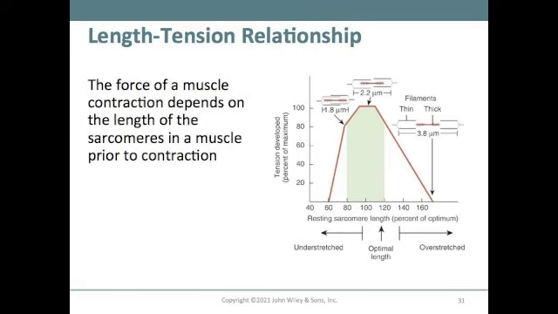So I can get more force this way than I can this way. And it just kind of shows your optimal length, overstretched versus understretched. But that's the idea, it's all about potential energy at this point. I have more potential energy here than I do here for contracting that muscle and getting more force.